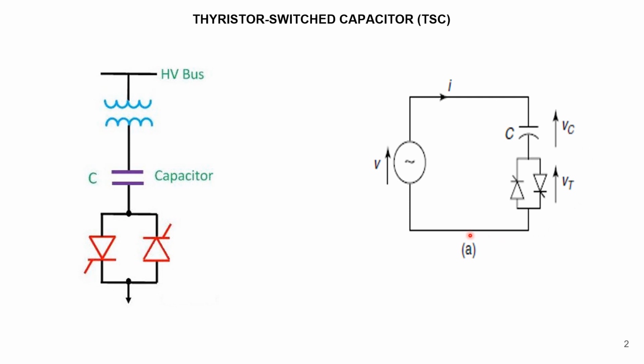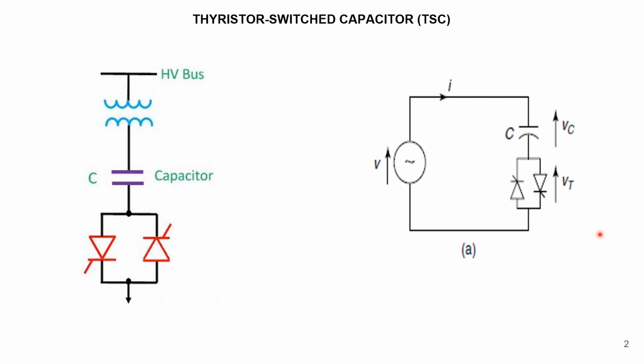The effective reactance is varied in a step-by-step manner by adjusting the conduction angle of the thyristors. Here there won't be any firing angle control.